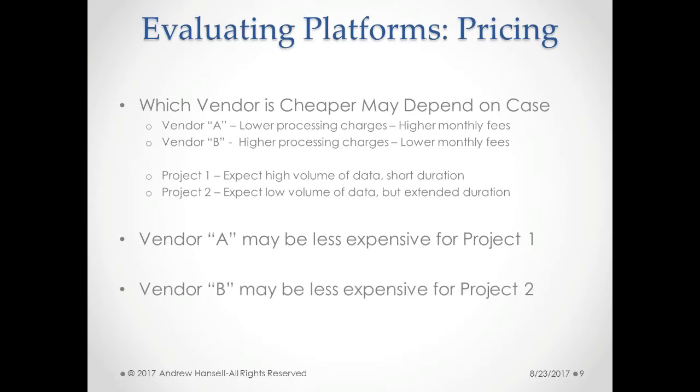And in contrast here, maybe vendor B is going to be less expensive for project 2, because while there are higher processing charges, because we're expecting this case to persist for several months or a longer period of time, the lower monthly fees are going to maybe make that the better decision in terms of total costs of the matter.